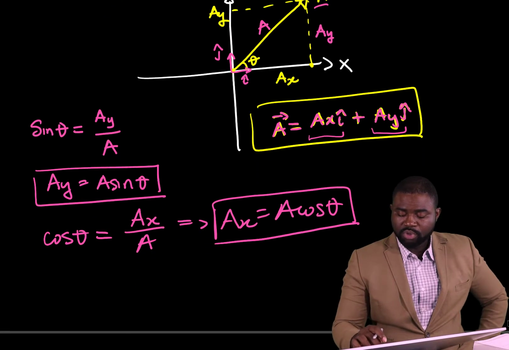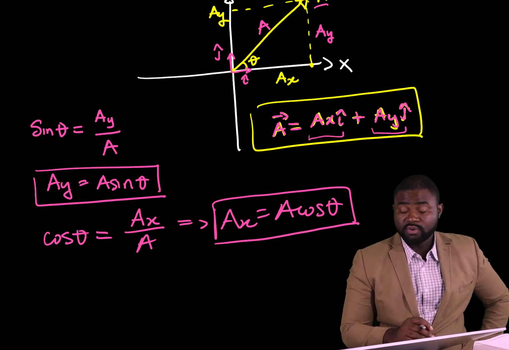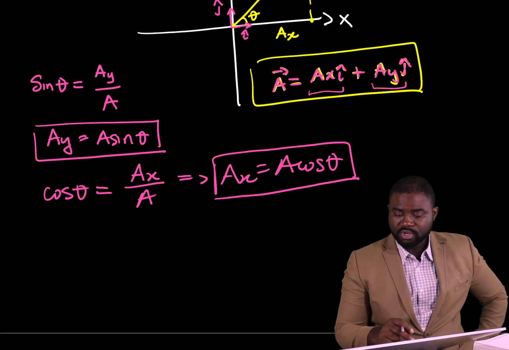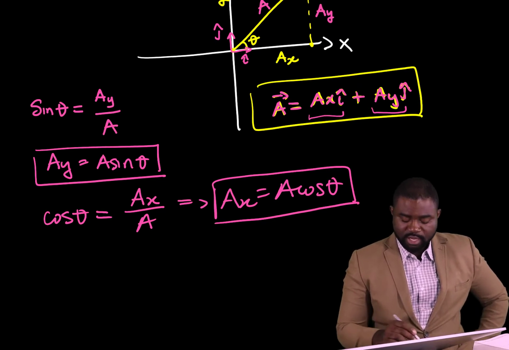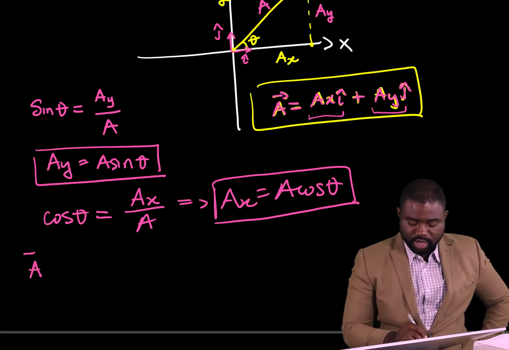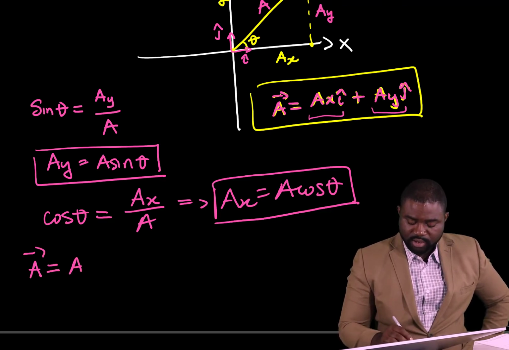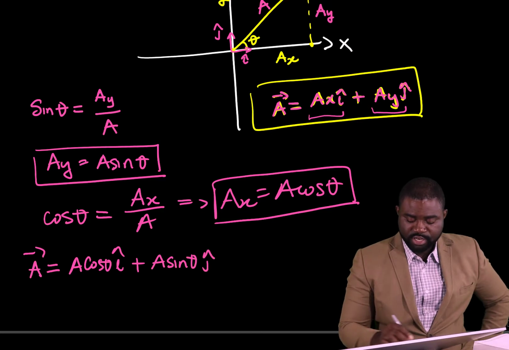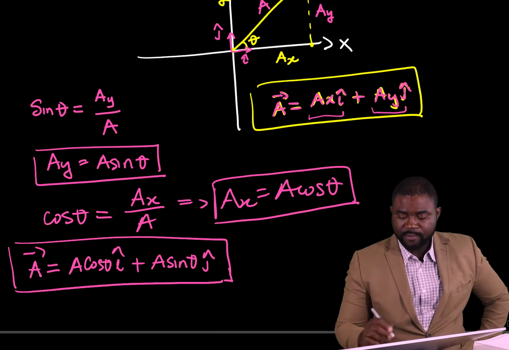So this is the component along the x direction, and this is the component along the y direction, and we have simply used trigonometry to represent that. That means that vector A can be rewritten as A cosine theta i hat plus A sine theta j hat. This is another way that we can represent vector A.